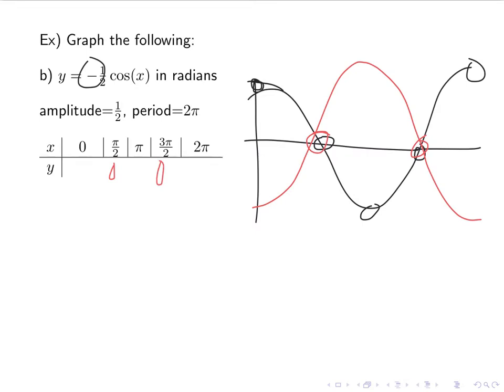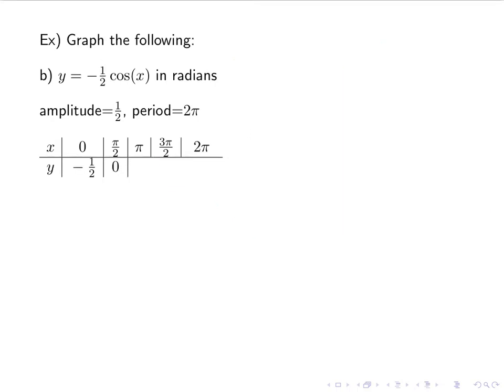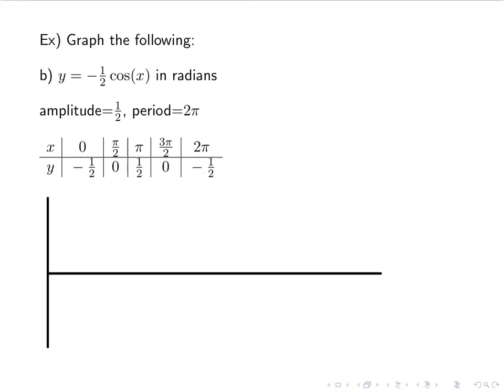But now I'm starting at a negative. And that negative is going to be, again, the negative of my amplitude. So this is going to be -1/2 and +1/2. Okay, so we're going to start off at -1/2, then 0, then +1/2, then 0, then -1/2. So we get those guys. And then I could pretty much just graph it, but I'll fill it in correctly here.